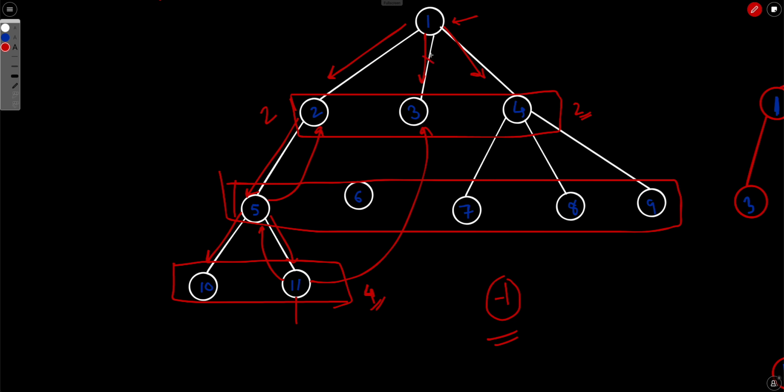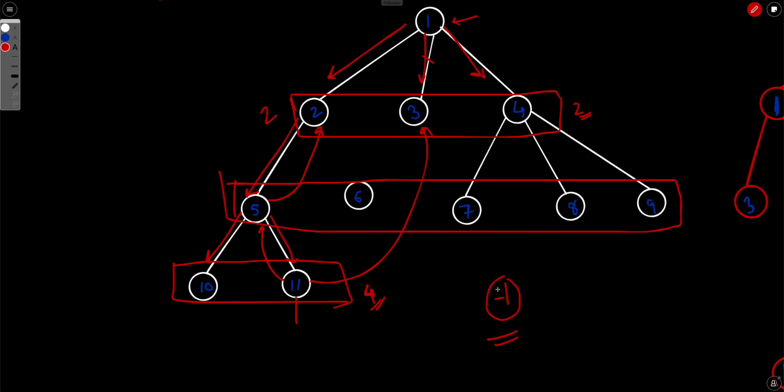And because we want every edge to connect nodes belonging to adjacent groups, this edge we can't remove. We can't change the position of 3, and 11 is also fixed, and these are connecting two nodes which are not in adjacent groups, so we will just return -1.